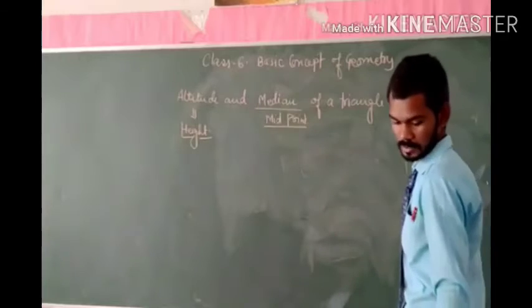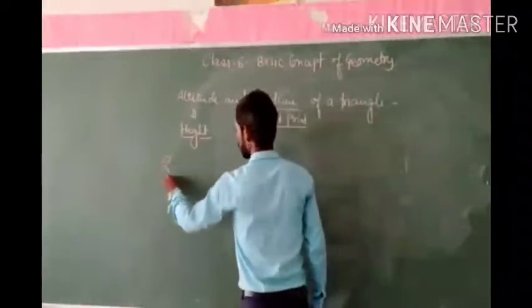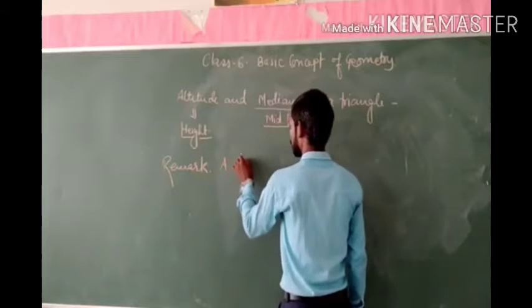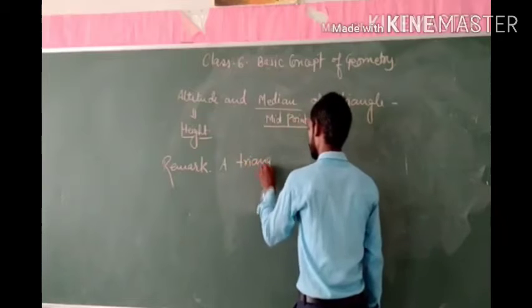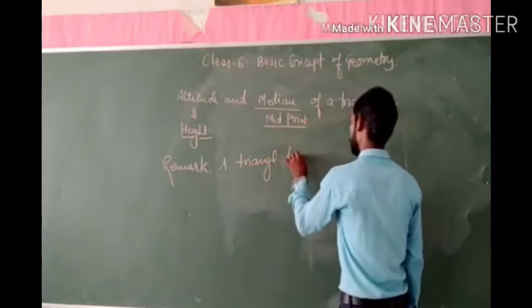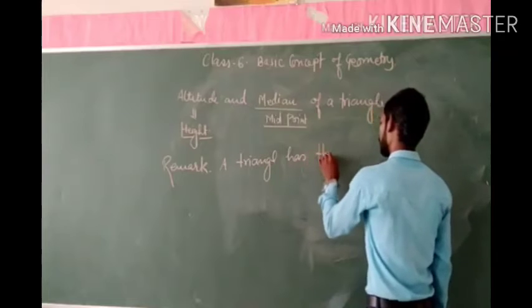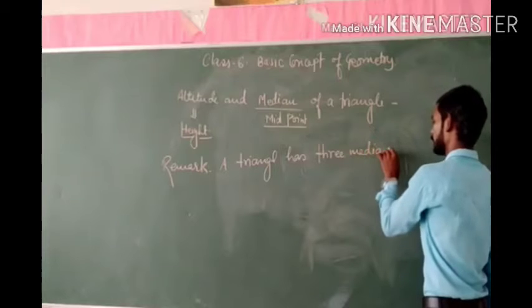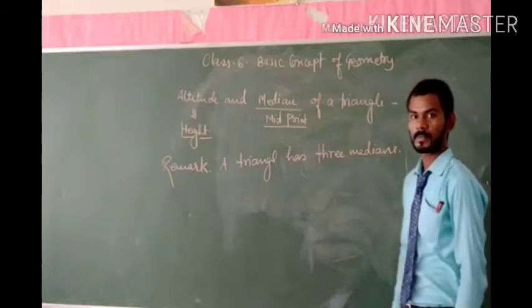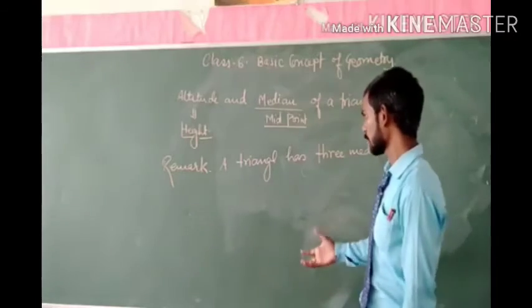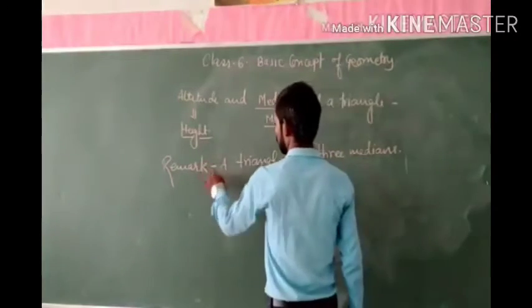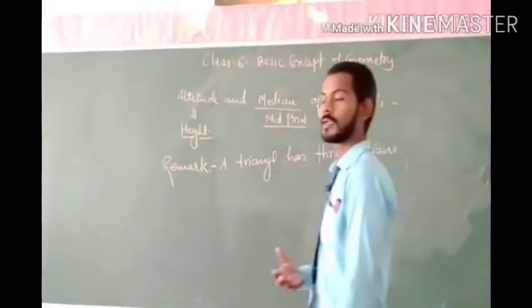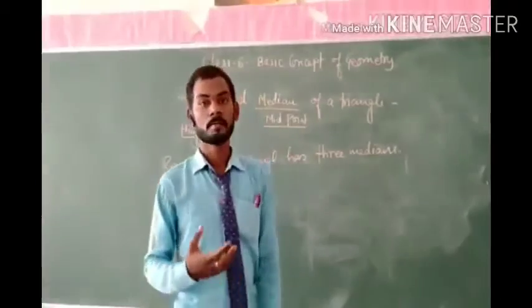A triangle has three medians. This is a very important remark related to the triangle: a triangle has three medians.